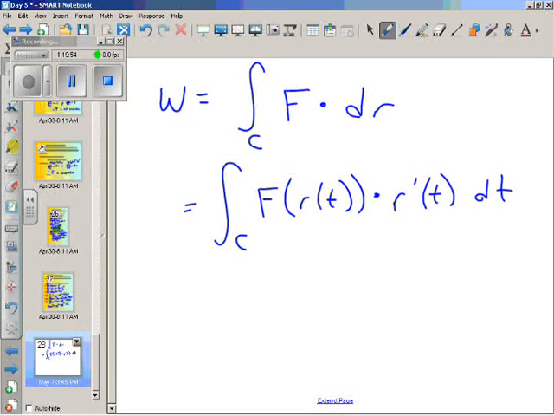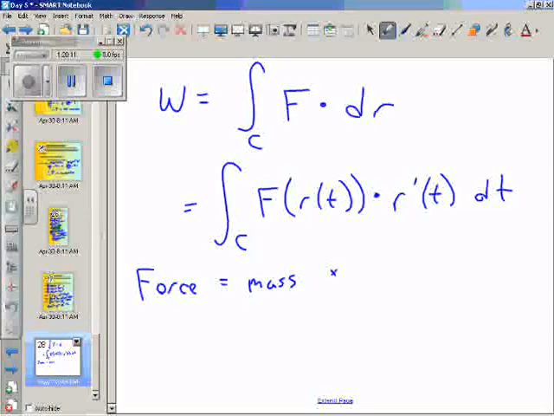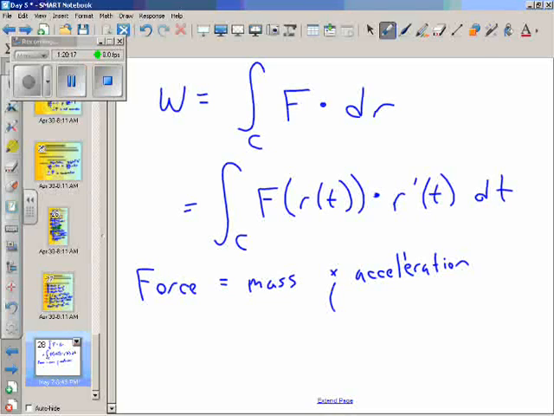But we also know from way back in the day that force equals mass times acceleration. That's Newton's second law.